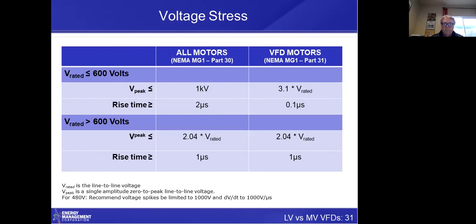When they started having more and more motor failures because of variable frequency drives, they added Part 31 and added a special VFD rated motor, which the standard says is 3.1 times V rated, but it's approximately 1,600 volts of insulation. And I think most of you are familiar with the fact that anytime you buy a low voltage drive, you need to buy a VFD rated motor with VFD rated insulation.